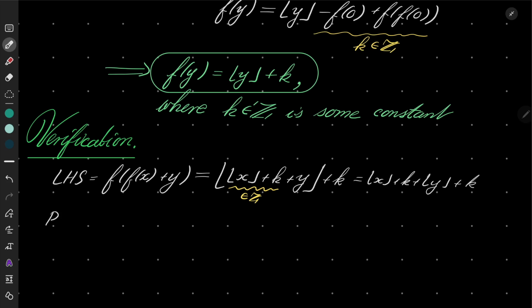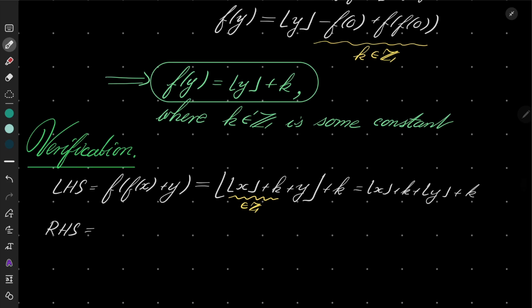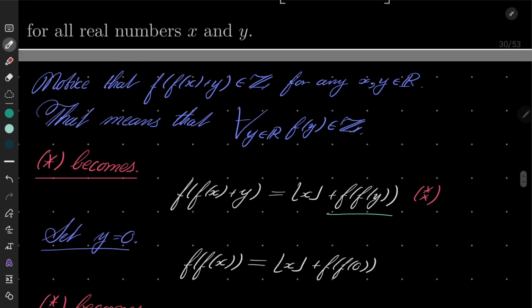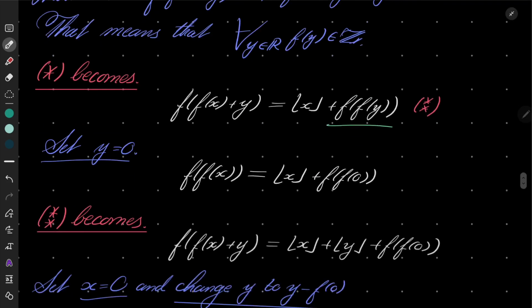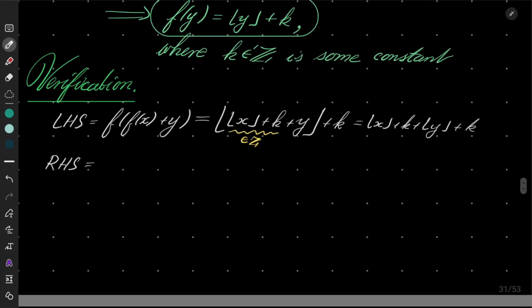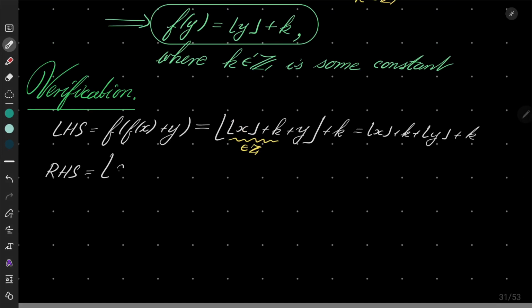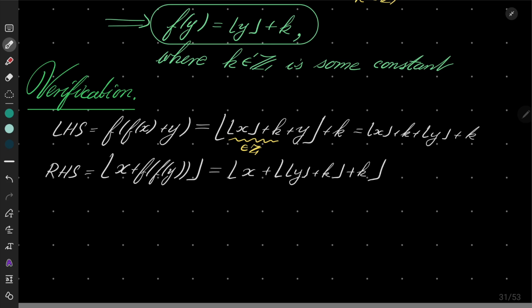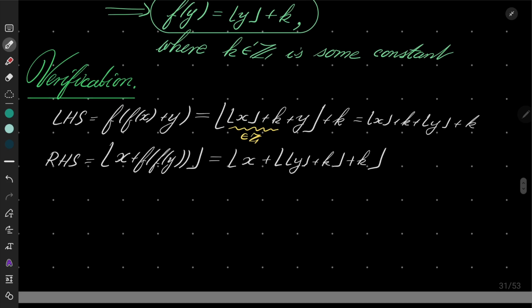What about the right hand side? On the right hand side we have floor of x plus f of y. So it becomes floor of x plus floor of y plus k. Again, we have a bunch of integers.